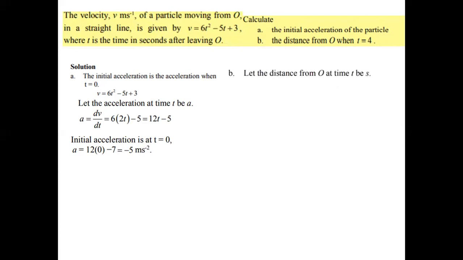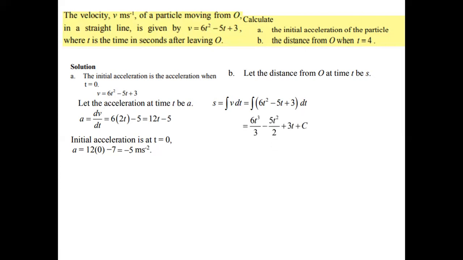Now for letter B, let the distance from point O or origin at time t be s. Okay. Now the distance is represented as s. Now s distance is equal to the integral of velocity dt. So we're going to integrate the given equation, 6t squared minus 5t plus 3 dt. So we're going to apply the power formula for integrals, or the law of powers for integrating functions.